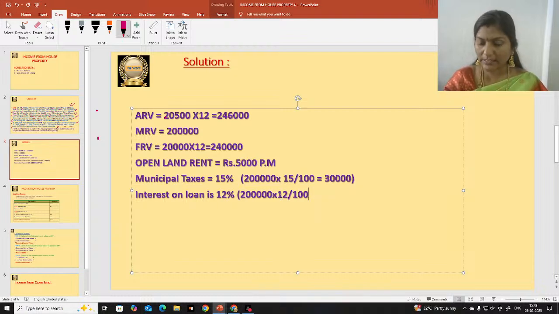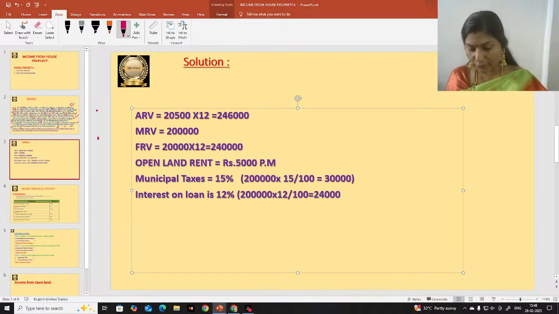How much will we get? You can check it. It is 24,000. So let us write it, 24,000 is interest on loan.